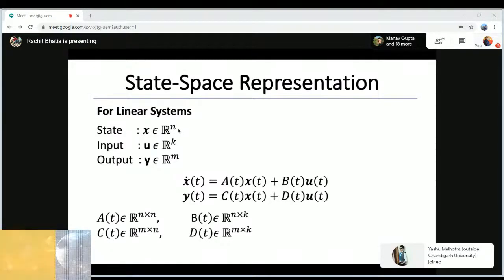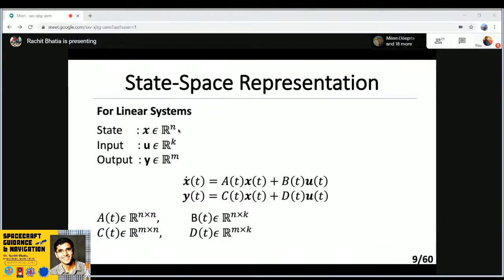And here these A, B, C, and D are the matrices which define the system. And this is a very convenient form because this is a linear system, and the differential equation is easily solvable. And it is a very powerful system because all the state transformation and everything can be done very easily.